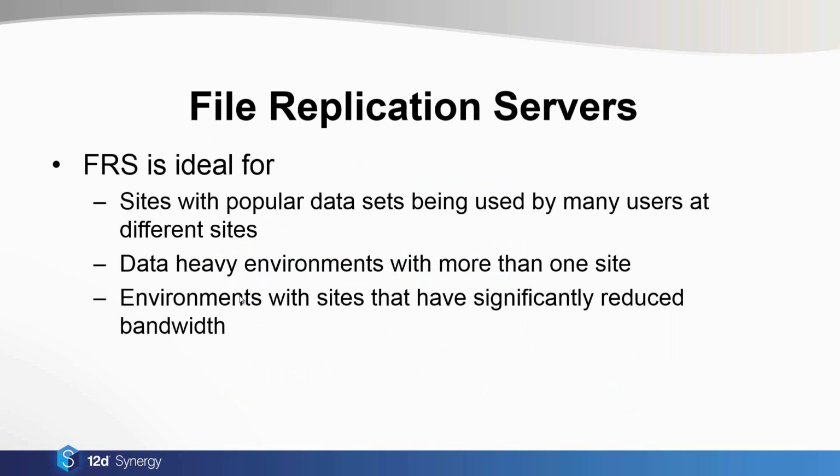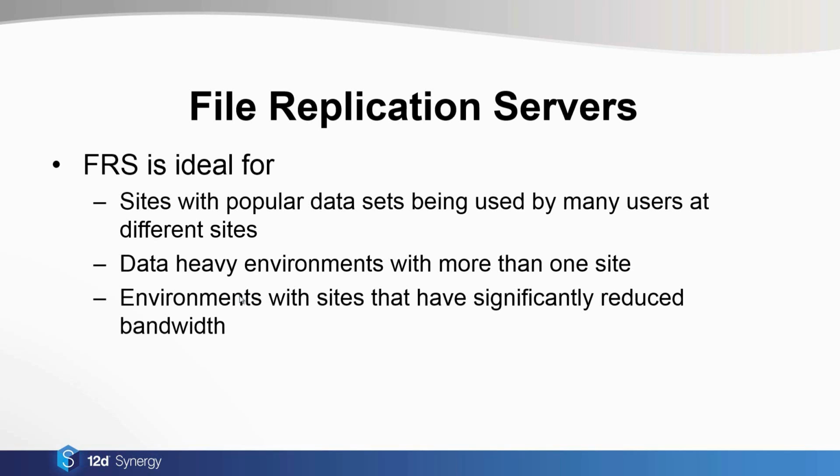The FRS is really ideal for sites with popular data sets that are being used by many users at different sites. So rather than making them all wait for it to be downloaded the first time they open it, you can push it out to that local network to make it much faster. It's great for data-heavy environments with more than one site. So if you've got really large ECWs and you don't want people to pull those down all the time, you can have those pre-populated onto the remote office FRS.